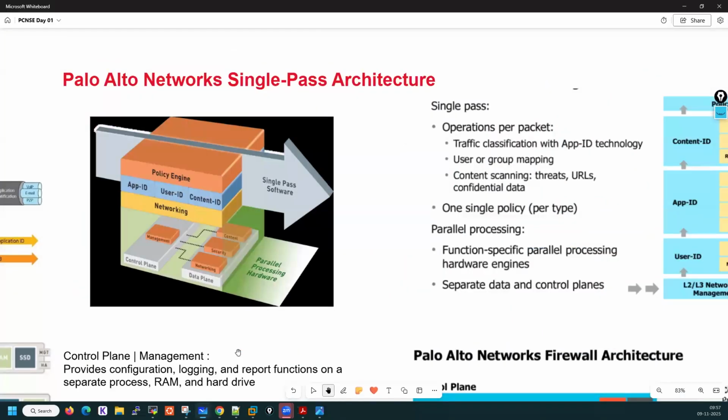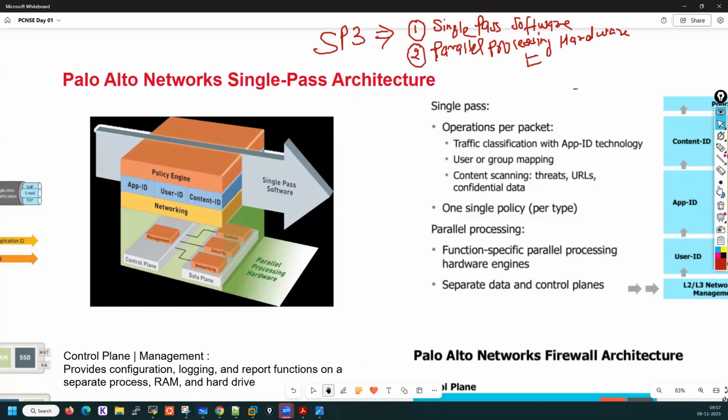Okay. Now, to understand the parallel processing hardware, guys, in Palo Alto Firewall, basically, we have two things. We have a management plane, which is this one, and we have a data plane, which is this one.